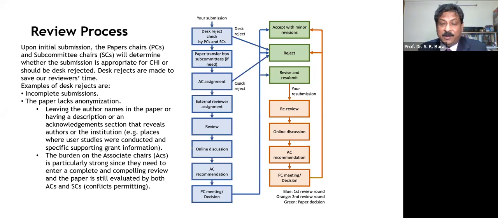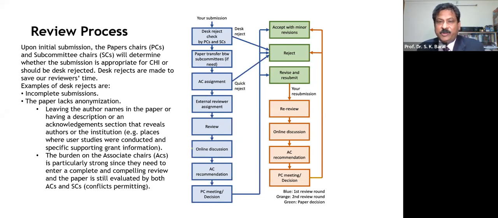Around 25-30 editors will be assembled on the platform, and one issue will be resolved. So that is the point. And on that basis, the associate chair is going to recommend your paper.